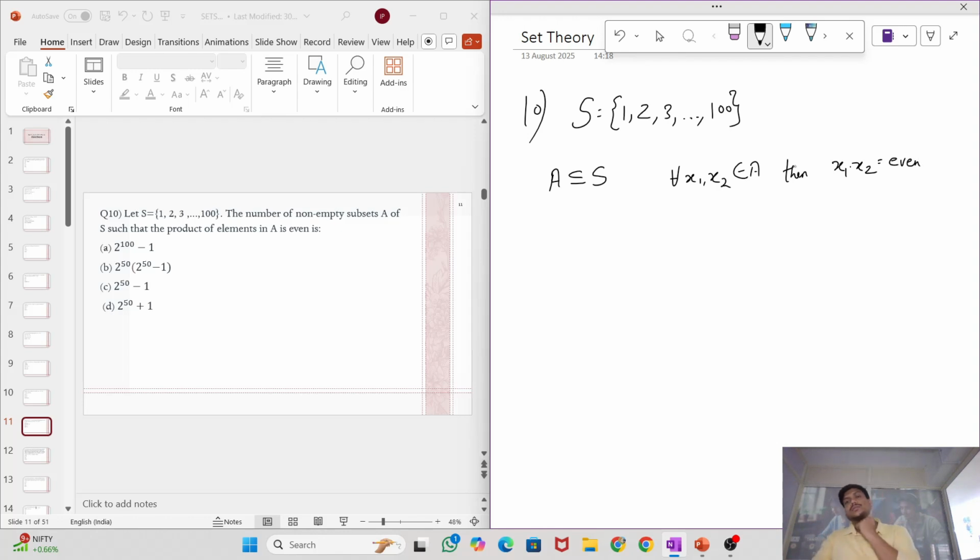Now how to solve this one? We have in total 100 elements. Out of those we are supposed to find the subsets A where the product is even. So when I say there are 100 elements, I can say the total number of subsets would be 2 raised to 100.